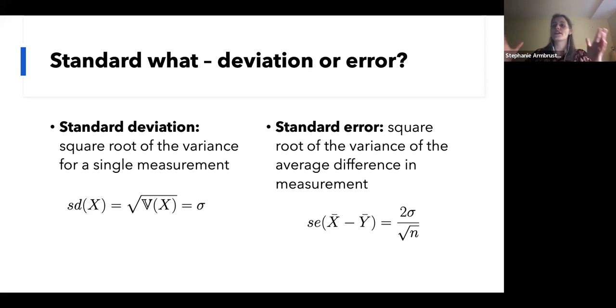Then the range in which this average value falls, or the spread, would be described as the standard error. And in our case, with our x bar minus y bar, this is just the 2 sigma divided by square root of n. That's how we can compute it.